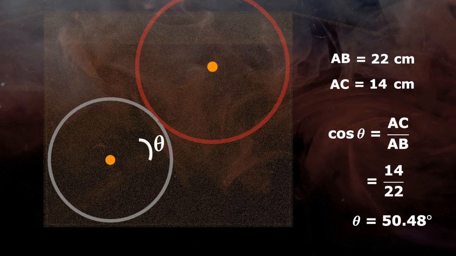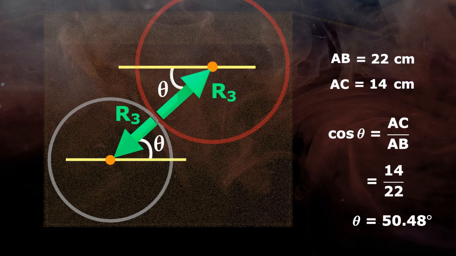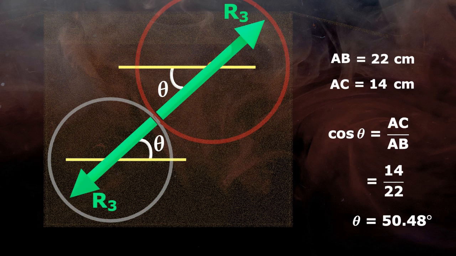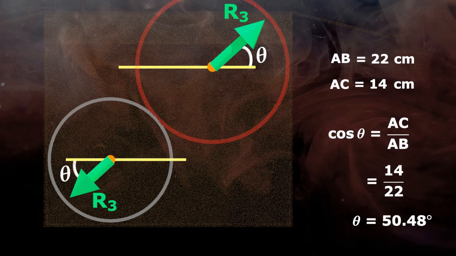So this is the angle R3 makes with horizontal for both balls. If we drag force R3 along its line of action, this angle will be theta too. So if R3 is placed in such a way that its tail is at the center, it makes theta equals 50.48 degree with the x-axis.